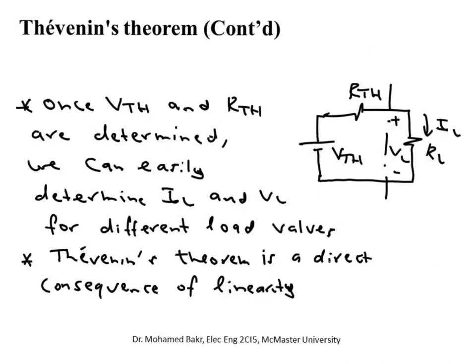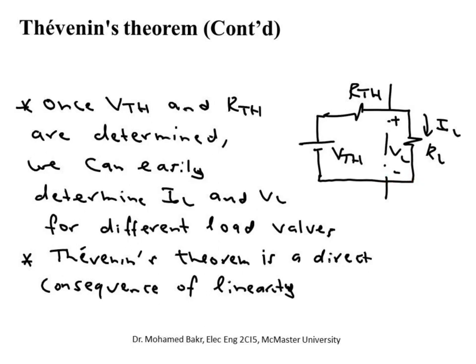As I said in the previous slide, once you have learned what is R Thevenin and what is V Thevenin, you can determine the voltage across RL, because the voltage across RL is equal to V Thevenin multiplied by RL over RL plus R Thevenin. It is simply a voltage divider, and I can also know the value of the current flowing in the load RL.